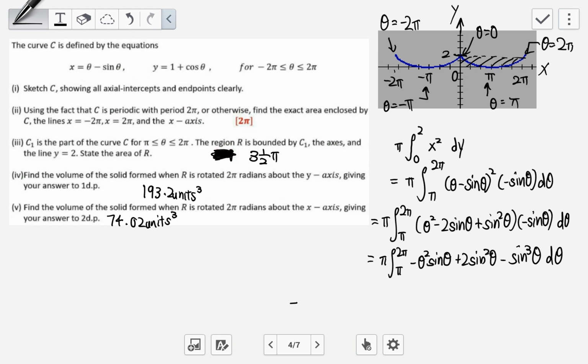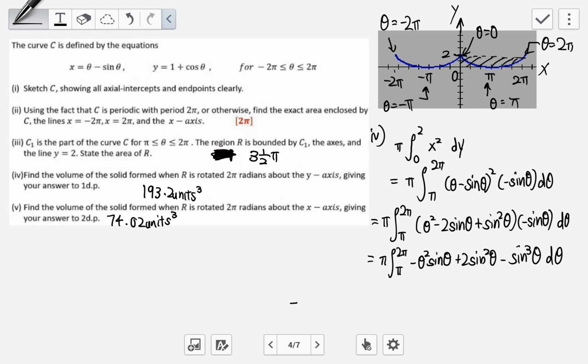Forget the integration first. For part 4, at least we know that if you key into the graphic calculator, you need to sort out what your x squared is. You can key in all this expression inside the graphic calculator and you'll get the value.